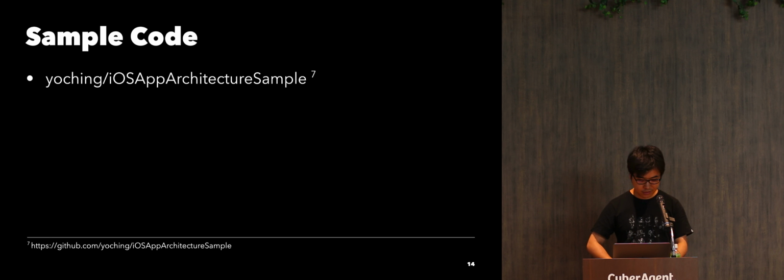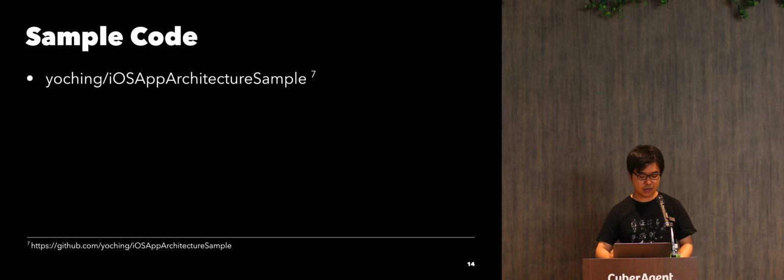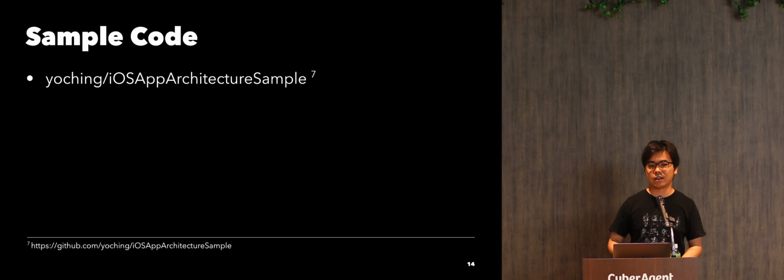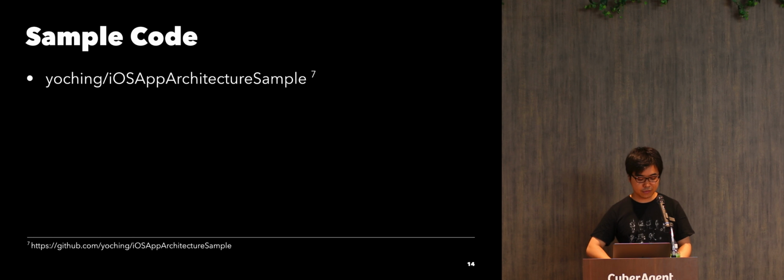So I'd like to explain the actual code. First, all objects are categorized into three layers: application, components, and UI. In application there are things like app delegate or assets, things that relate to the application itself.